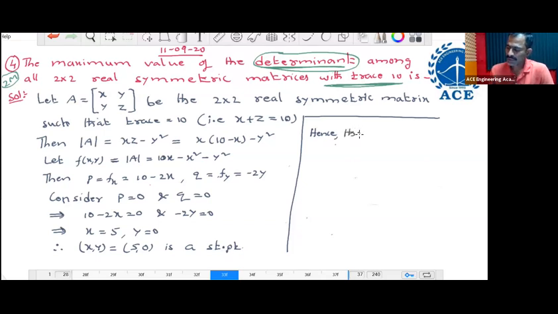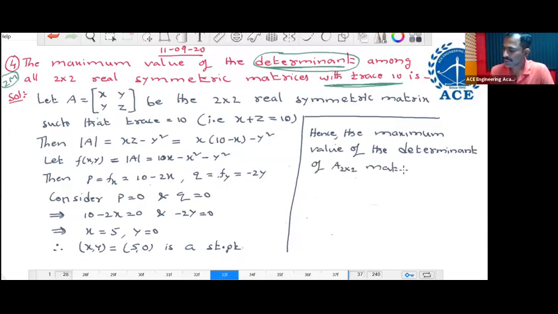Hence, the maximum value of the determinant of a 2 by 2 matrix is the determinant of A equal to f at the point 5 comma 0.